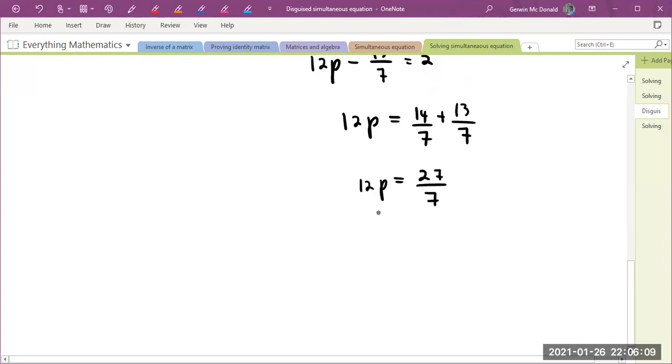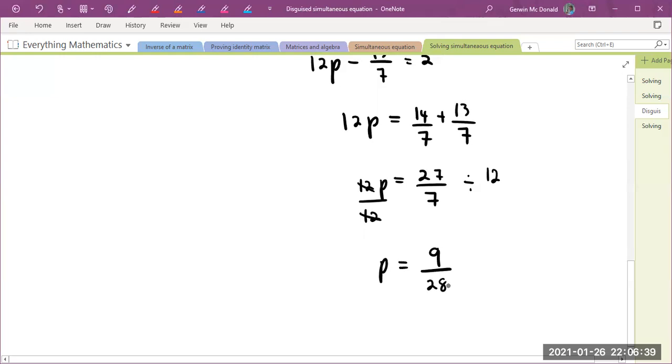And here I just divide by 12, cancel this side, and I divide here by 12 also. And when I do that, to make a long story short, 27 divided by 7, all divided by 12, will give me a total of 9 over 28. So P is equal to 9 over 28.